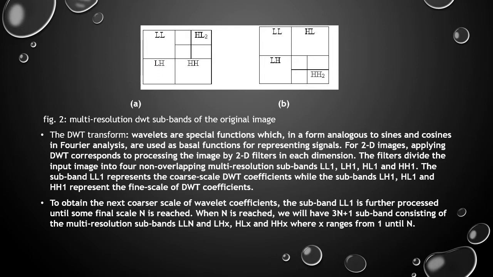When N is reached, we will have 3N plus 1 multi-resolution subbands: LLN, and LHX, HLX and HHX, where X ranges from 1 to N. If a DWT coefficient is modified, only the region corresponding to that coefficient will be modified.